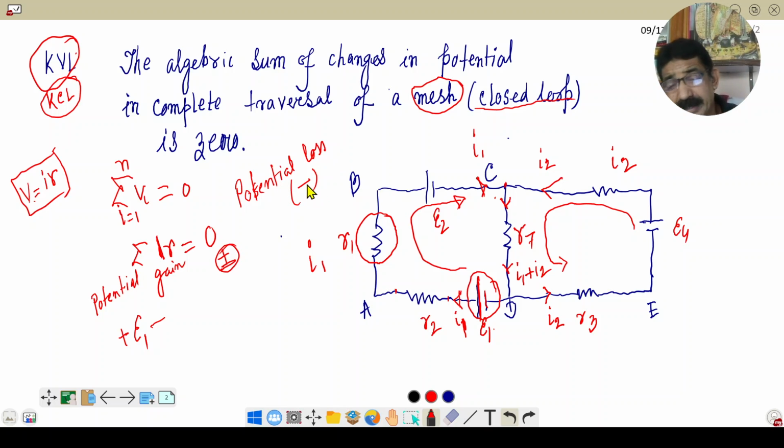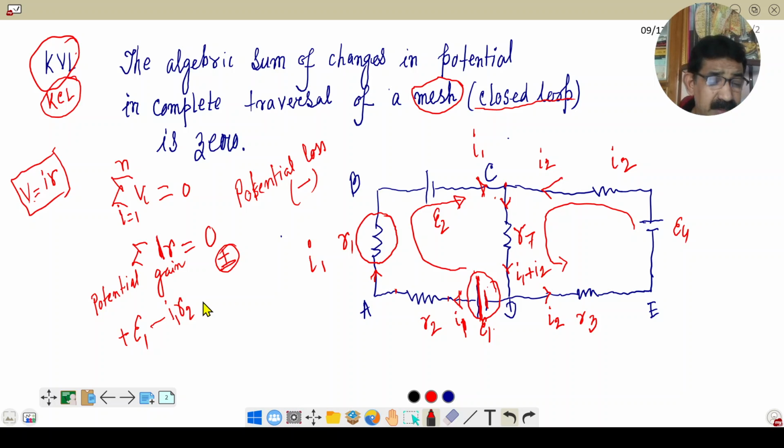Potential gain means we are moving from the negative electrode to the positive electrode. When we move along the current, this is potential loss. So I1 R2 is the potential loss. Now, current flows along this direction and there is a resistance here, R1.